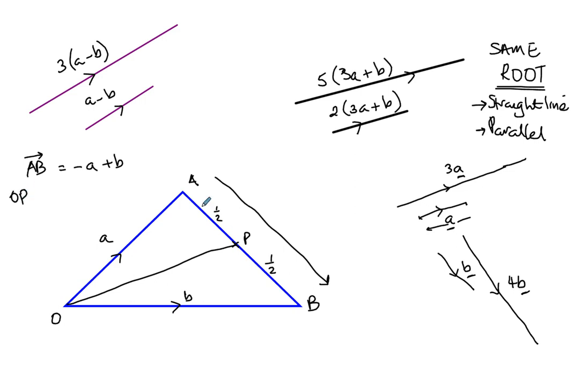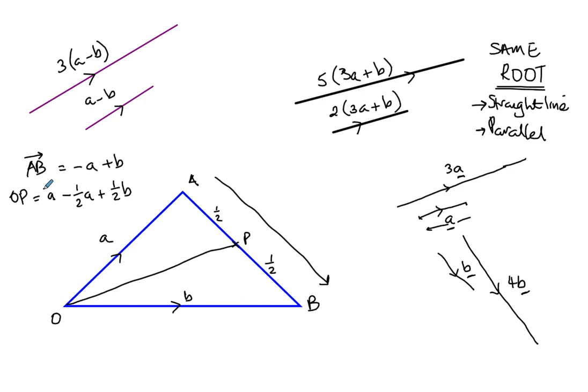So we're actually going to go from O to A and then A to P. O to A is just A, nice and simple. And now we have to take half of the AB. So we take half of that and half of that. If it feels comfortable, just do it straight away. So you're going minus half A plus half B.